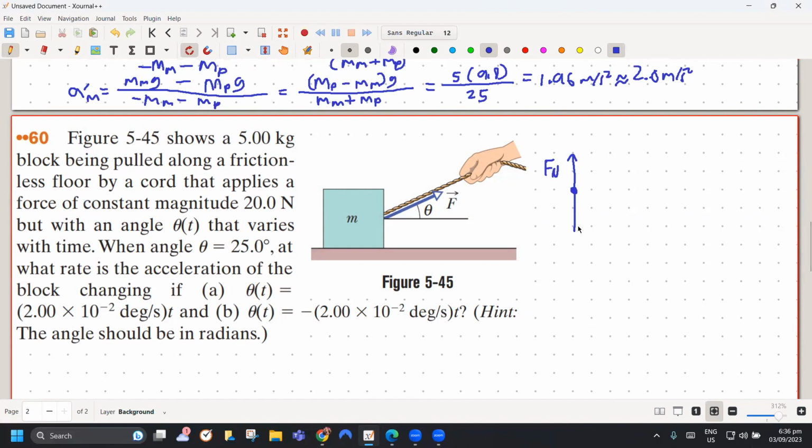Kailangan ba yun? Hint. Check natin yung magnitude ng F20 cosine 25. So 8. Okay, within reason pa.